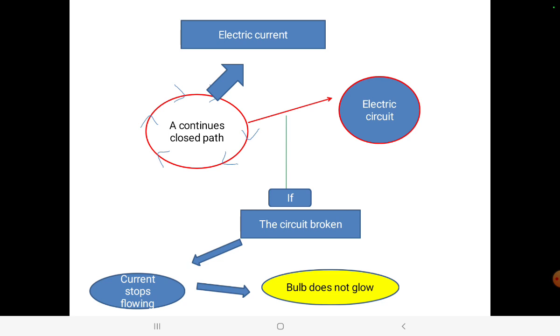That is nothing but an electric circuit. It should be a continuous and closed path which allows the electricity to move. If the circuit is broken, there is no electricity passing through it. That is, current stops flowing. If the current does not flow, the bulb does not glow.